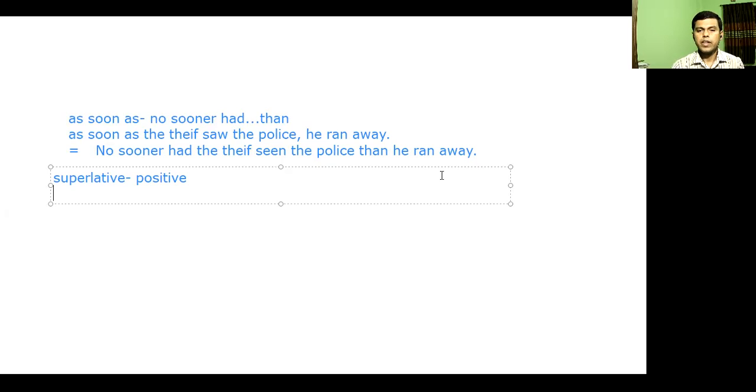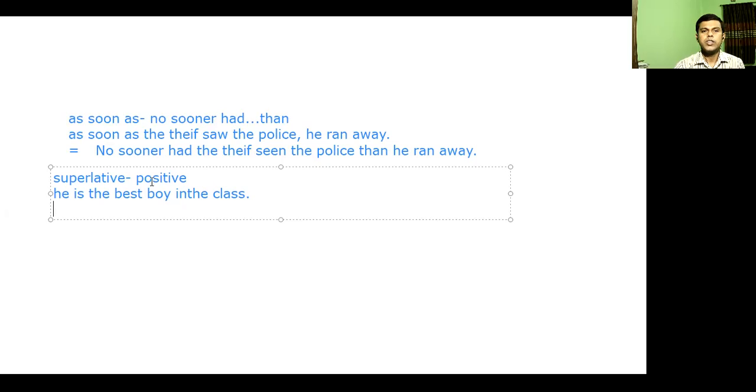Suppose the given sentence is, "He is the best boy in the class." This is the affirmative sentence. In negative, we will make it positive. How to make it positive?